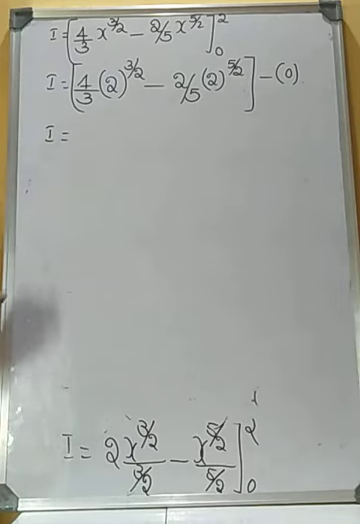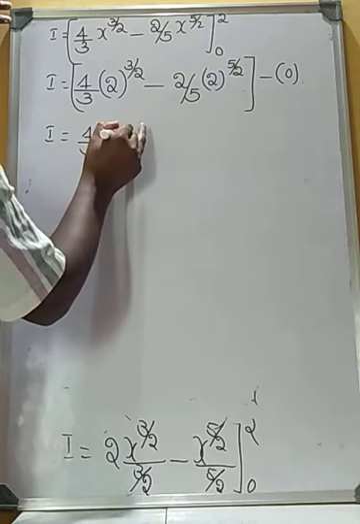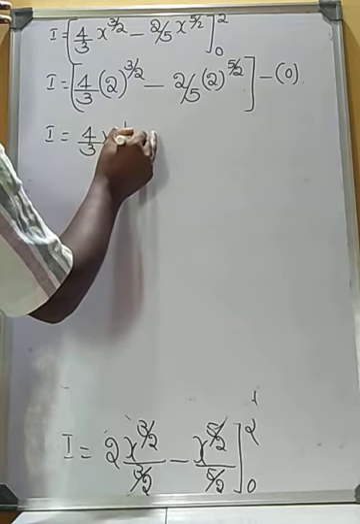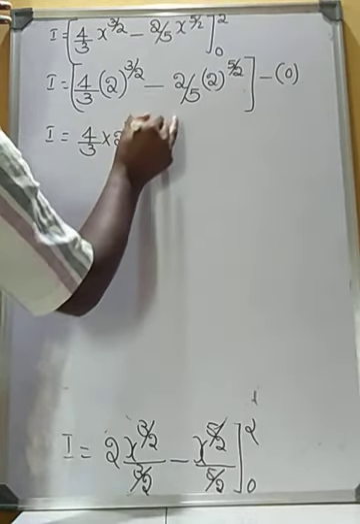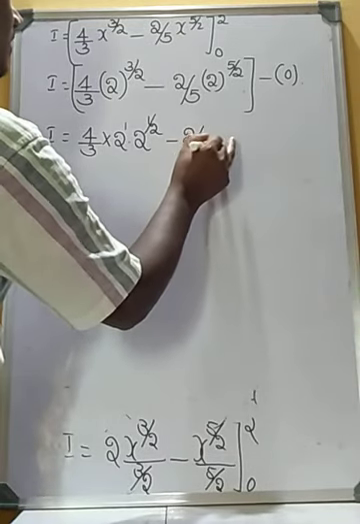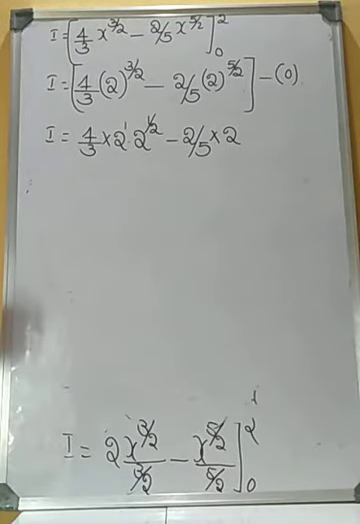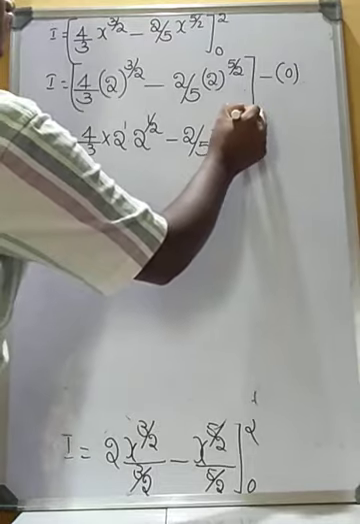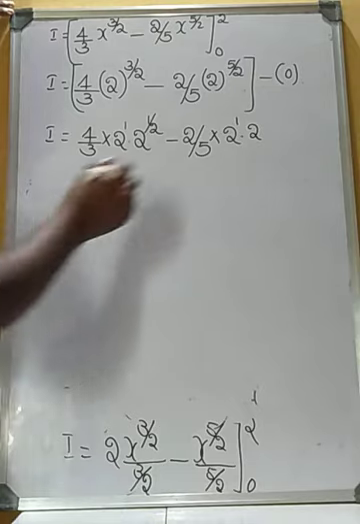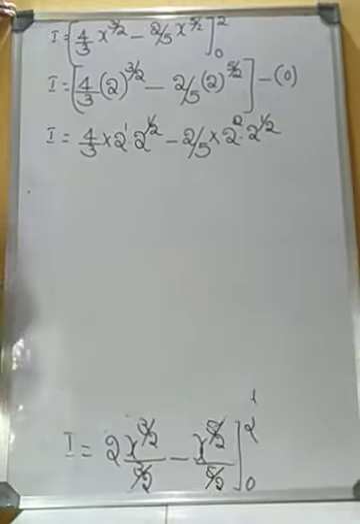Therefore, I equals 4 by 3 into 2 power 3 by 2, which can be written as 2 power 1 into 2 power 1 by 2, minus 2 by 5 into 2 power 5 by 2, which can be written as 2 power 2 into 2 power 1 by 2.